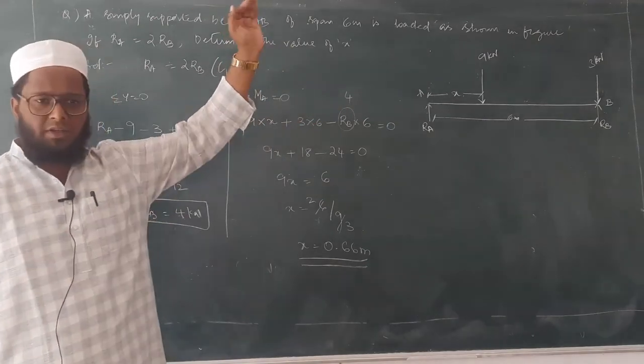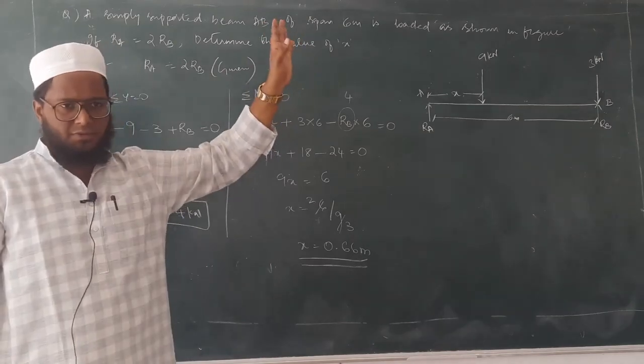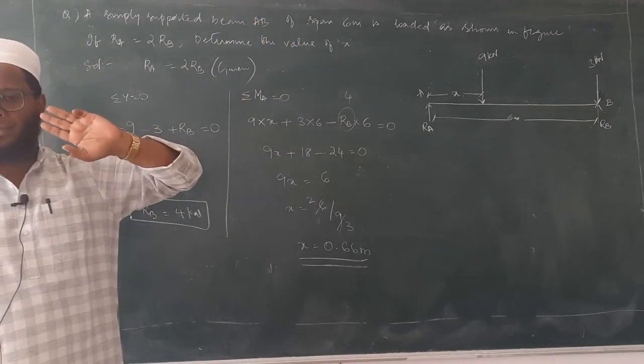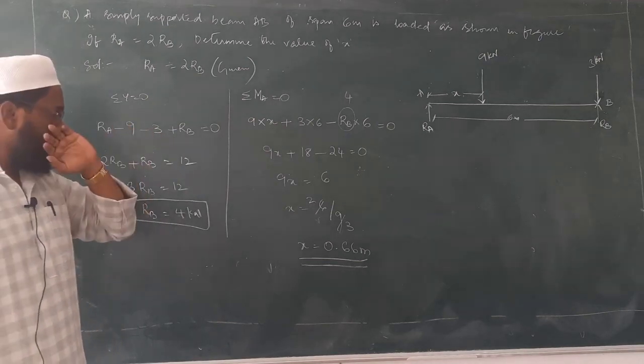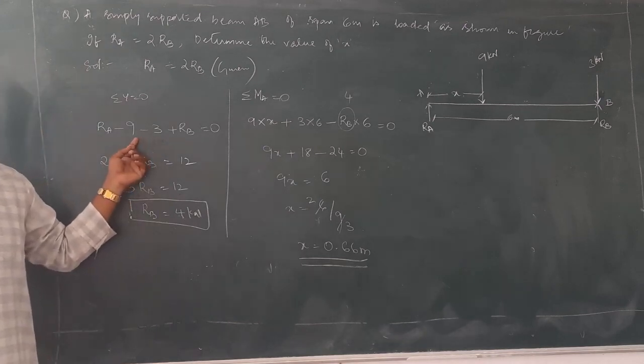Simply, in all the problems on these beams, the very first thing is sigma x, sigma y, sigma M, and the problem will be over. In all the beams, it's very simple. The only thing you need to know is the equilibrium equations and how to use them. Many students make mistakes here. I have seen many answer sheets.